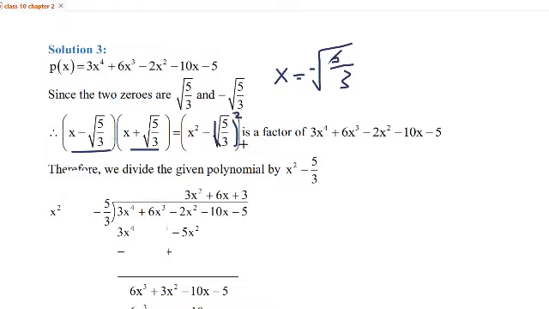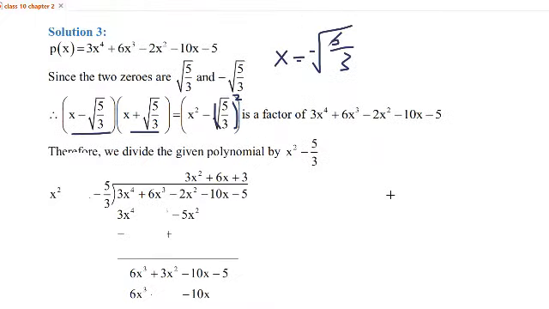So this is also a factor of this biquadratic polynomial. Now we'll divide this biquadratic polynomial by this quadratic polynomial. So dividing 3x4 plus 6x cube minus 2x square minus 10x minus 5 by x square minus 5 by 3.